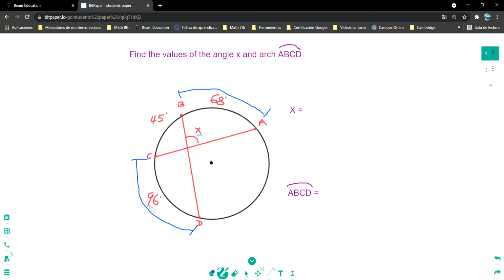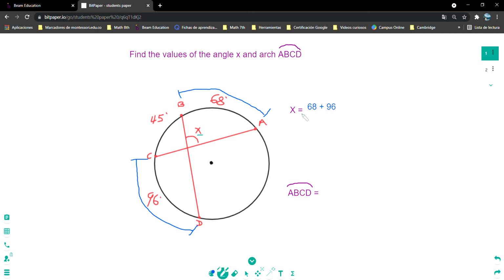Alright guys, remember that the formula to get the interior angles, we just need to add the arcs that form this angle. So we just need to add 68 plus 96 degrees. You can check the theory of these interior angles.